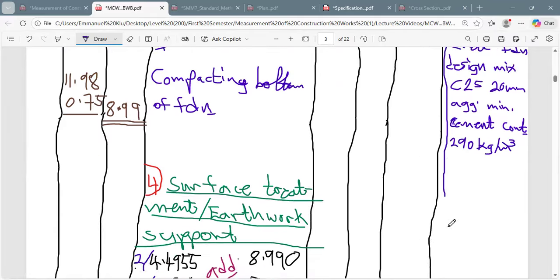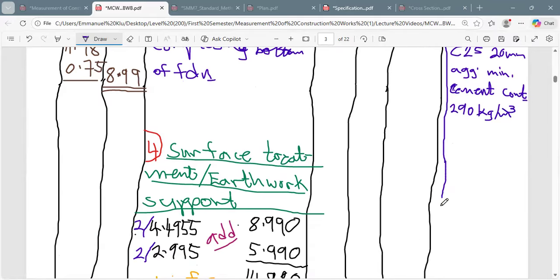Poured on or against. Okay, so poured on or against, and what? Deduct DDT filling to excavation ABD.